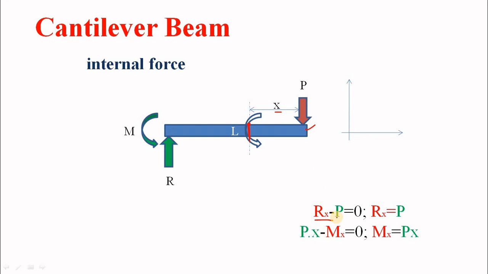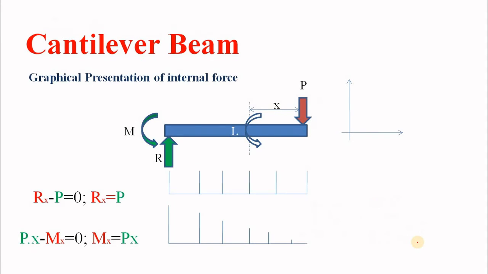Then Rx plus the downward force, minus P, should be 0 because the section is also in equilibrium. So Rx is coming as P, and similarly the moment in this section is coming as P into x, or Px. So we have already found how the internal forces are coming in a cantilever beam.